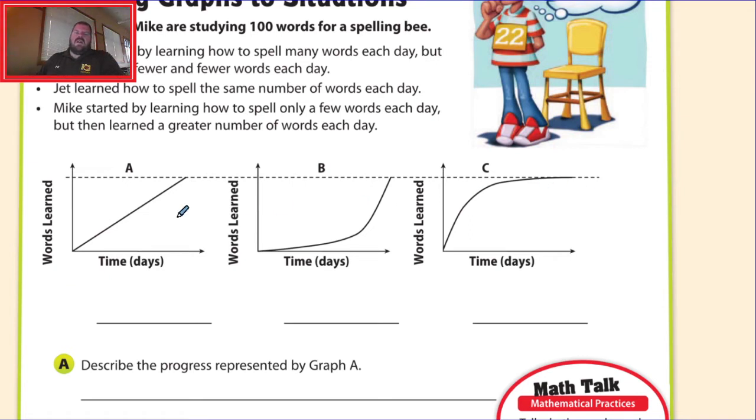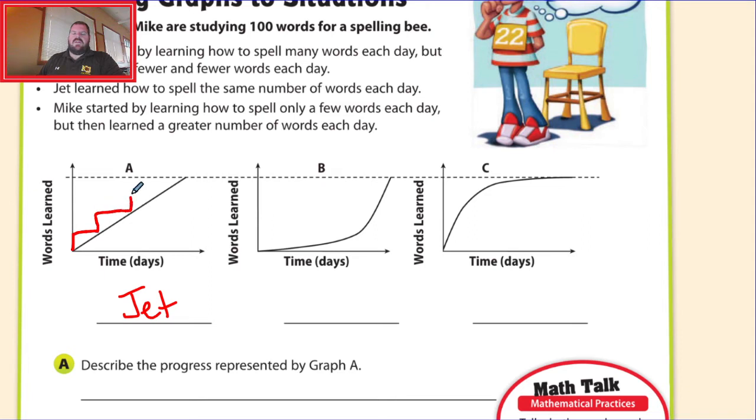So what I would look at here is number of words versus time. On this one, the graph is just steadily increasing. Which one of those three descriptions matches steady increasing? I would say that's Jet. Jet learned how to spell the same number of words each day. So as days increase, number of words increases.